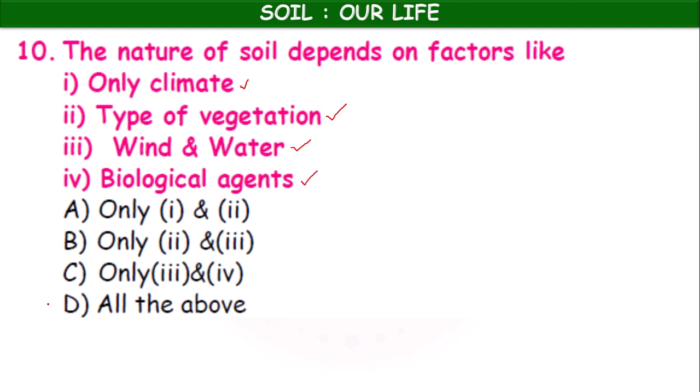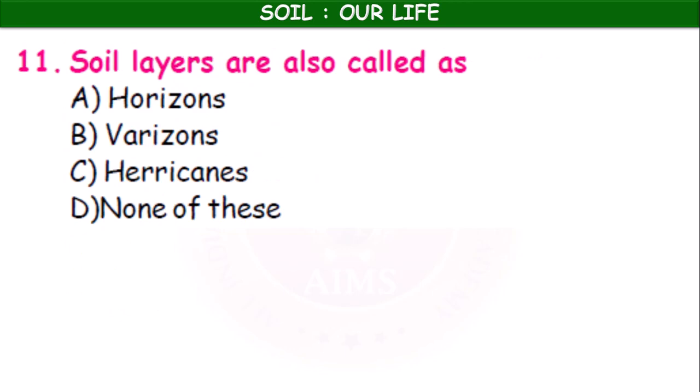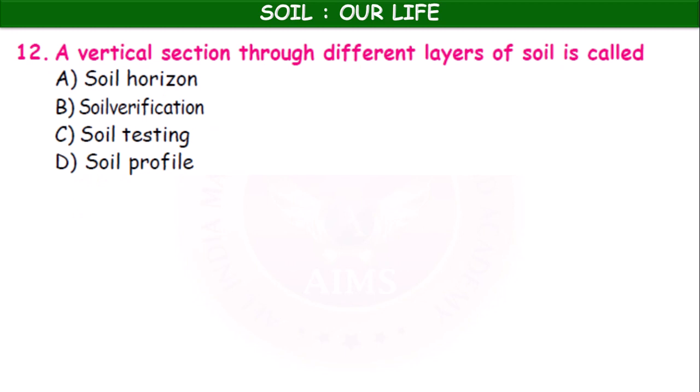So all the above. Soil layers are also called horizons, verigons, hurricanes, none of these. Horizons.